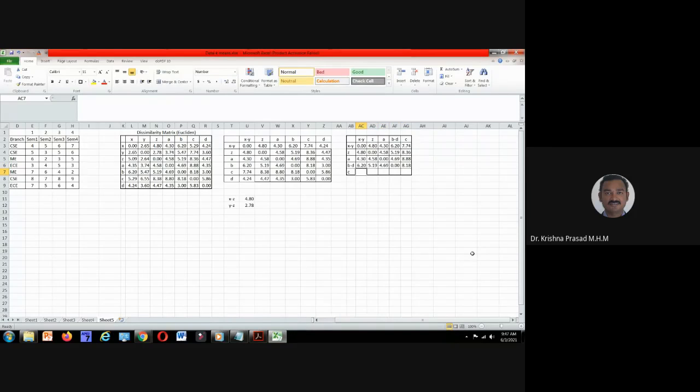Next, C to XY not changed. BD, C to B and C to D. Is it same or not? 8.180. Is it correct? Or I did any mistake? Please tell me.